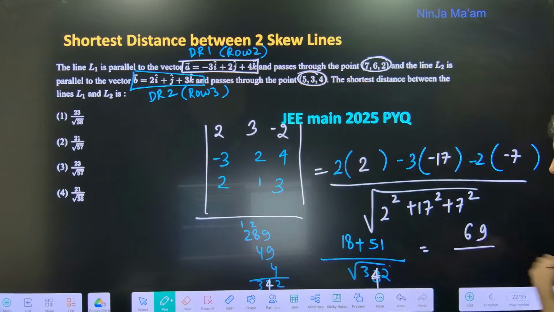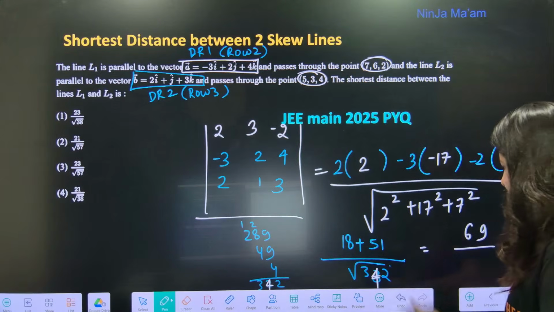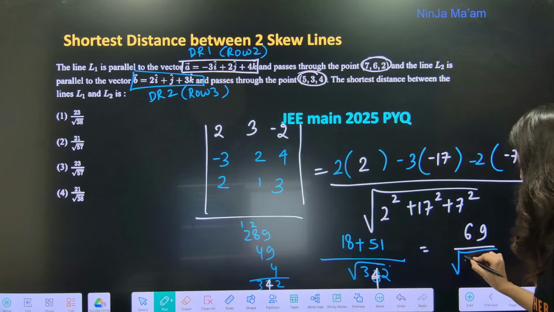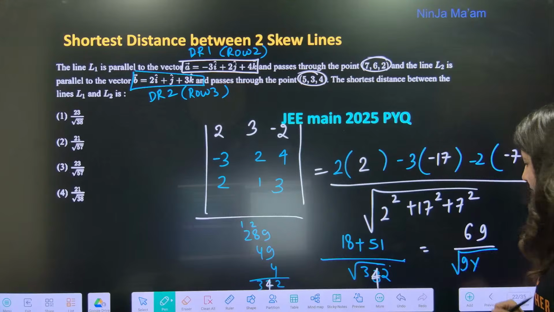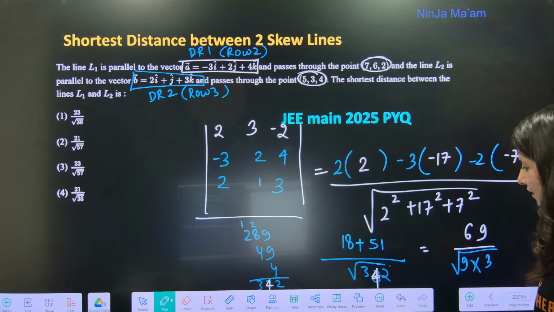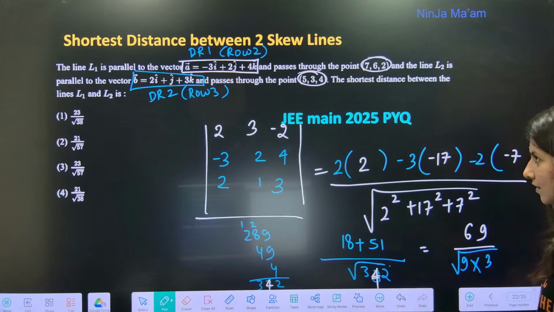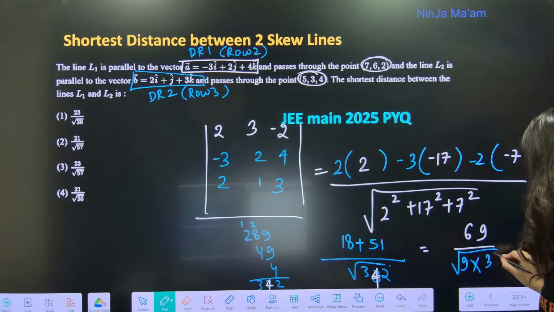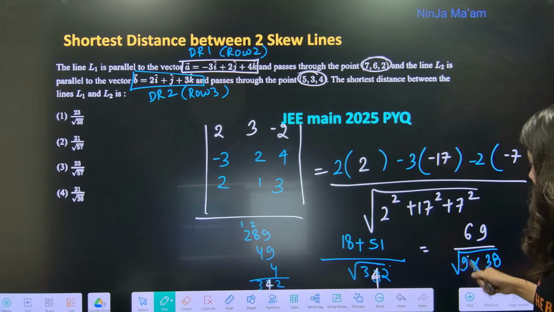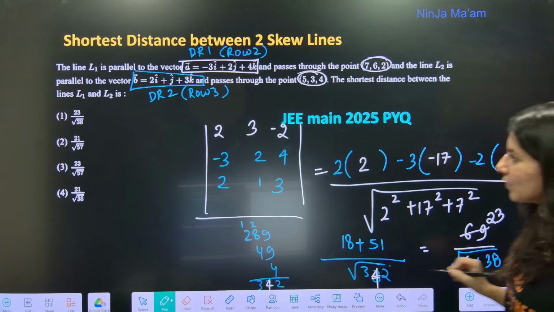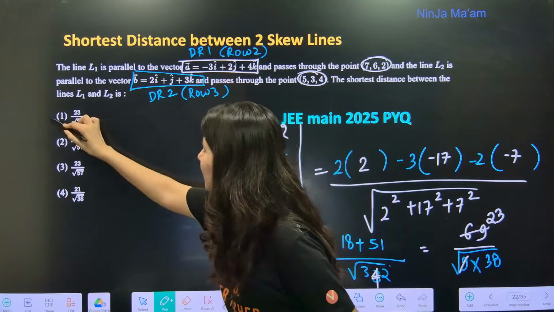So now you can take 9 common, so 9 into, 9 3s are 27, and 27, so this is 27 72. So this is 8. Correct. So 3 1s are 3, 3 2s are 6, 3 3s are 9, so 23 by root 38. 23 by root 38, option A.